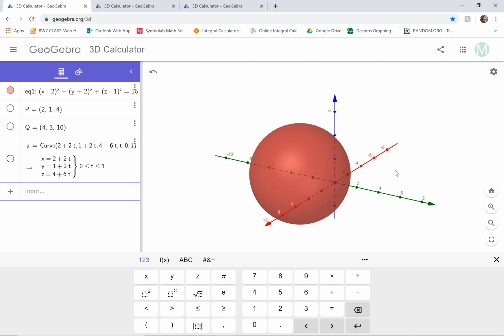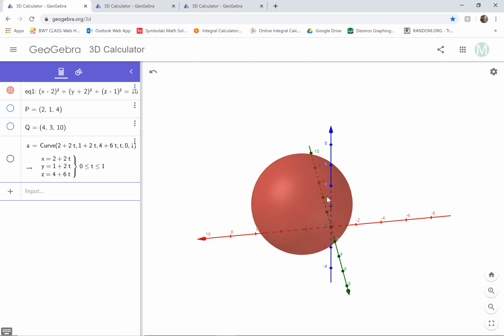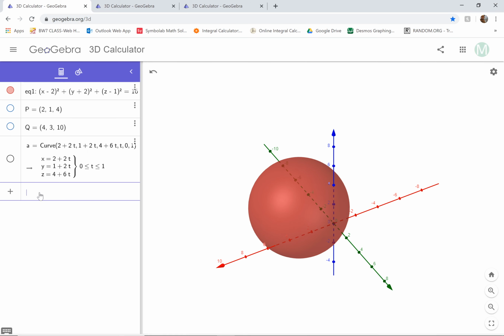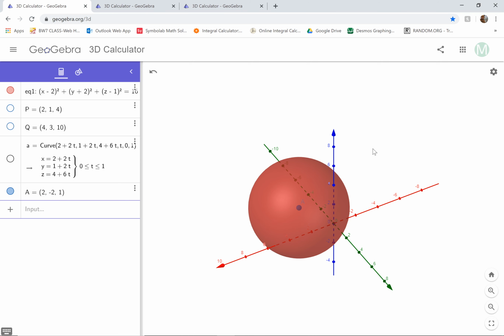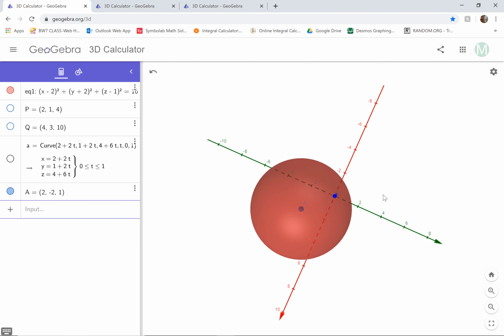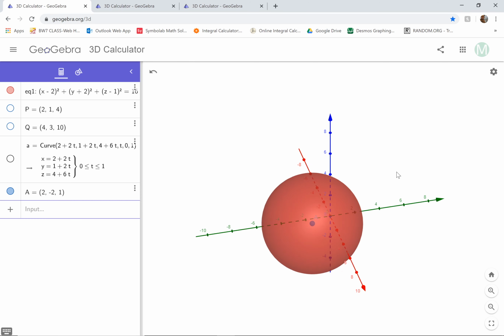You can see that moves it in the appropriate way, right? For something like this, as you see the equation, the center would be (2, -2, 1). Right? And then you could see that right there. Okay.